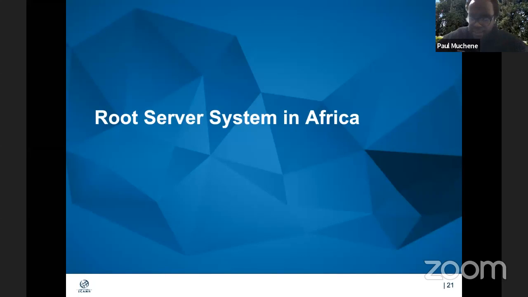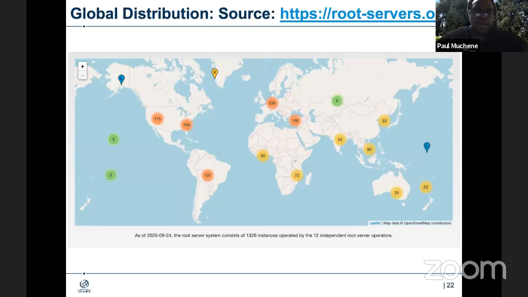Okay, so let's have a look at the root service system in the continent. I was asked earlier how many root server instances there are globally today. There are 1,326 instances as of today, all deployed by the various organizations, all the letters that are mentioned.